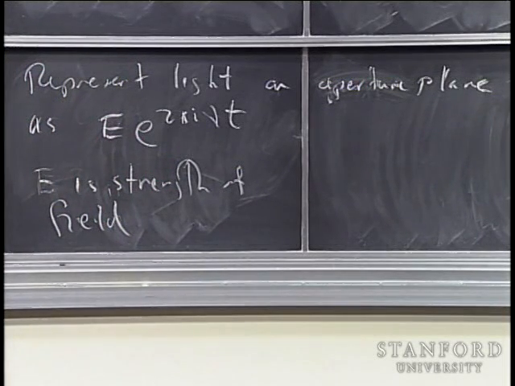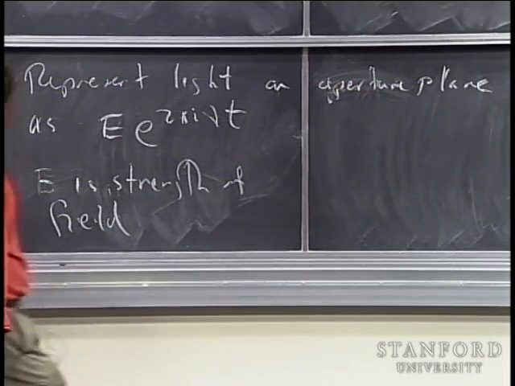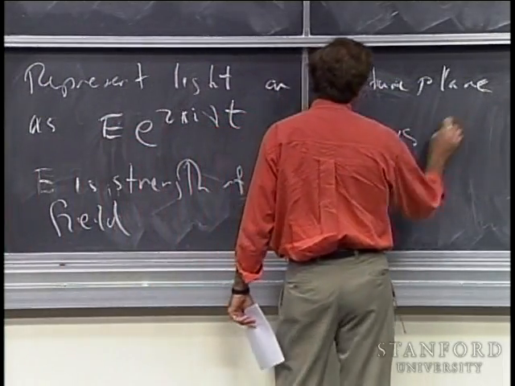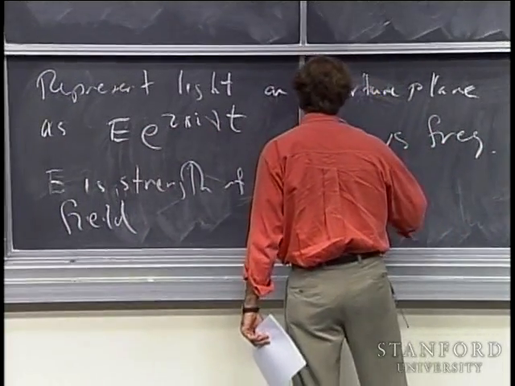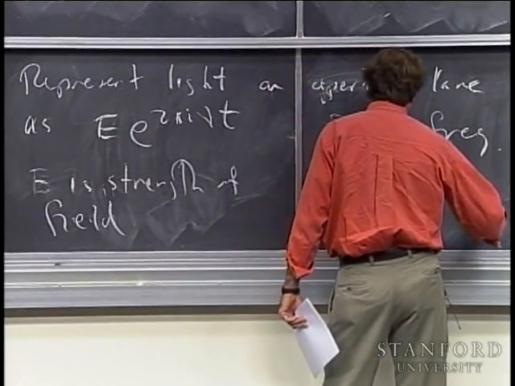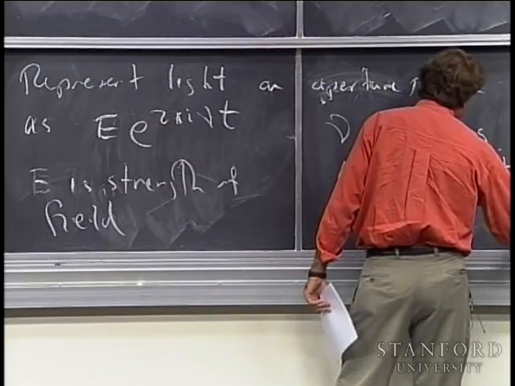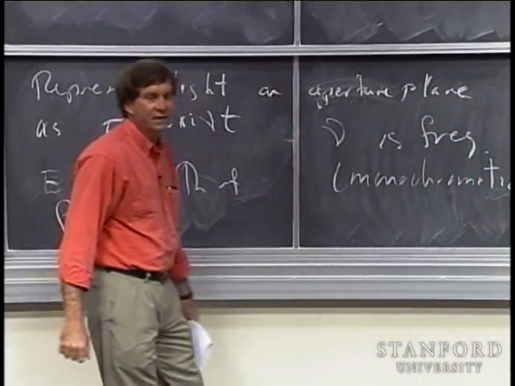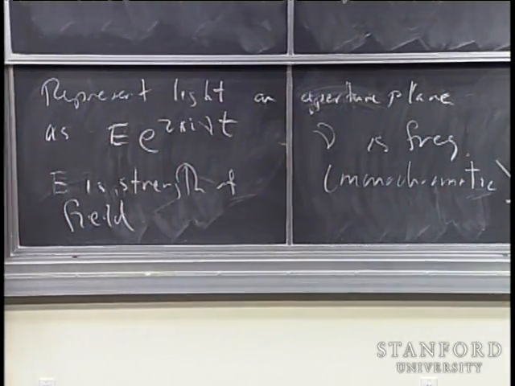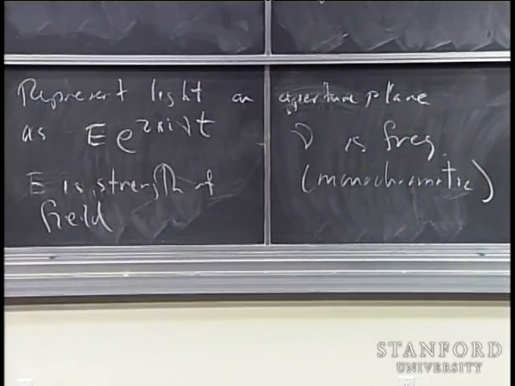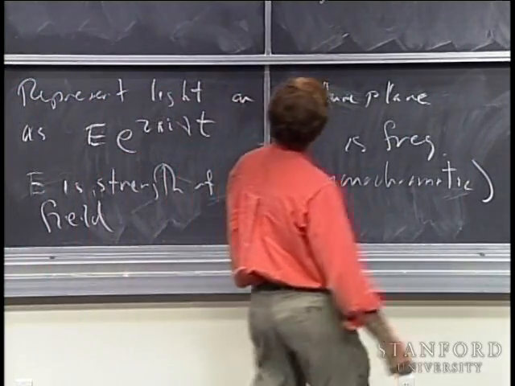So this is where the other assumption comes in, that I'm working with monochromatic light, so light of a single frequency. All these assumptions can be, to a greater or lesser extent, dropped in more careful and more thorough treatments. But we're simplifying things just to get to the main punchline, which you'll see, which is pretty interesting.